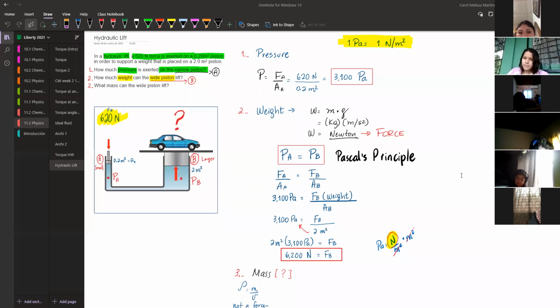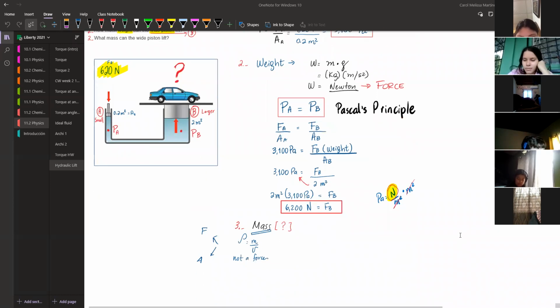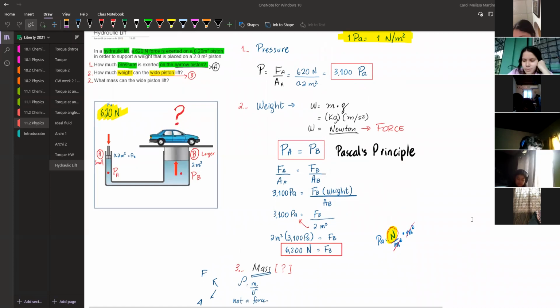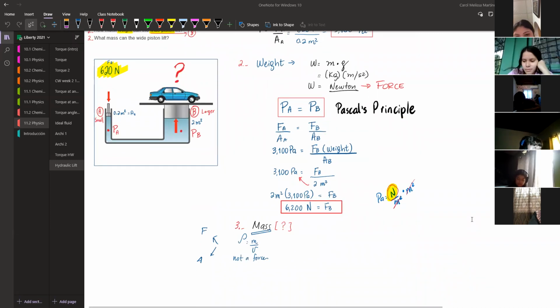Remember that here in Pascal, we care about 2 things, force and area. So the mass is going to be related to a force, not to the area, okay? Now, what equation that is related to force can you use to get the mass?